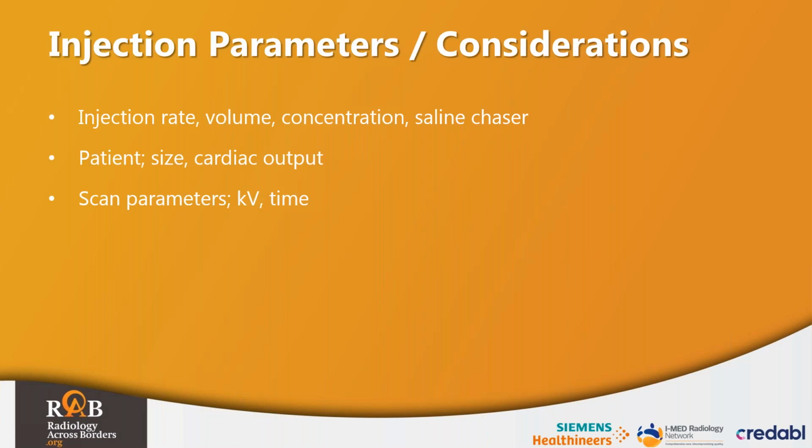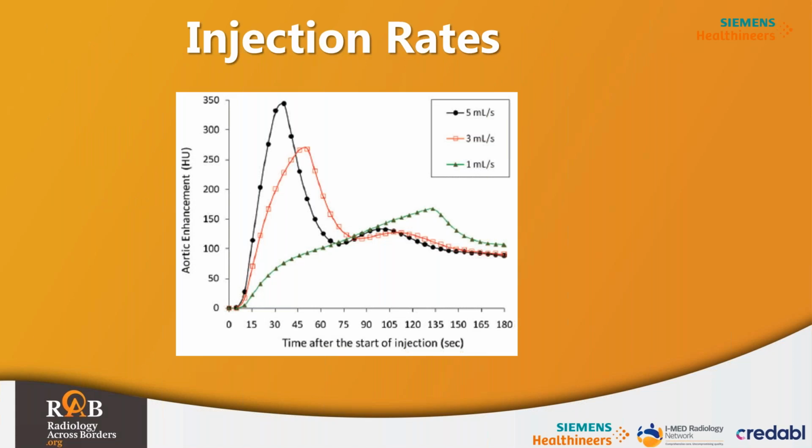So we're going to start looking at the injection parameters and considerations. There's quite a lot of graphs coming up, so we'll go through them and get through them hopefully fairly quickly. If we look at injection rate, obviously, if we trickle in at one mil a second, the enhancement never really reaches a true peak enhancement.